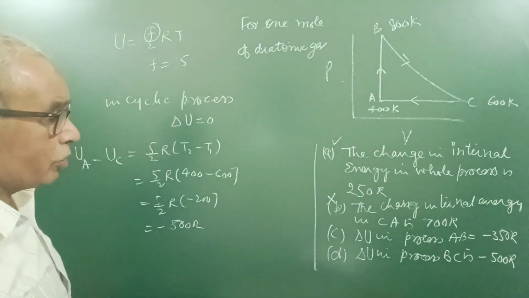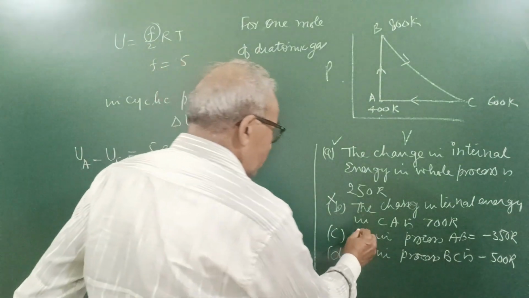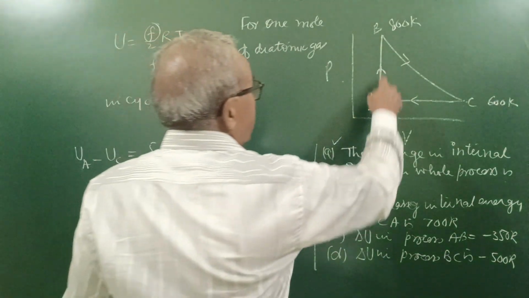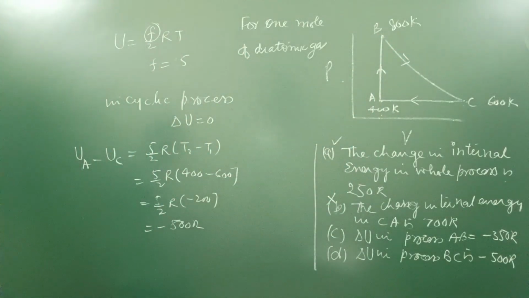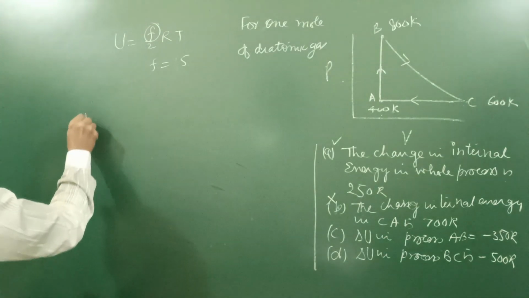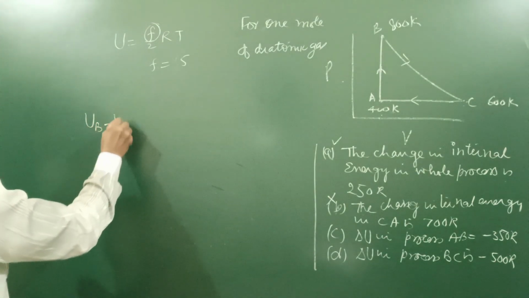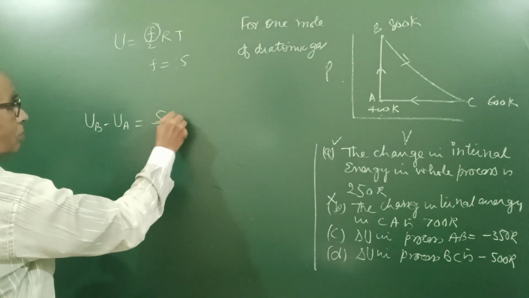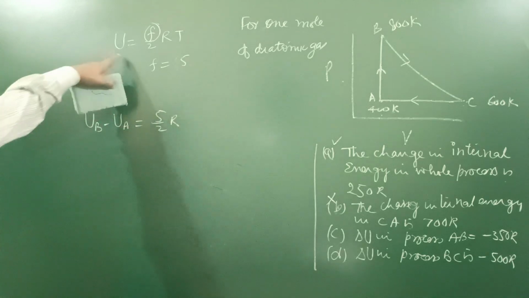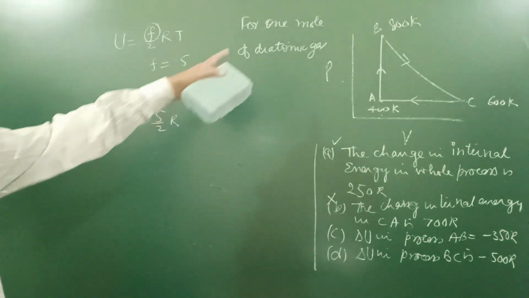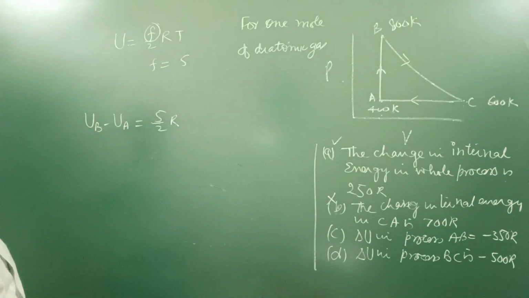Now in process AB, change in energy is UB minus UA, that is 5 by 2 R into T. Internal energy of ideal gas is F by 2 RT, F the degree of freedom, for diatomic it is 5.